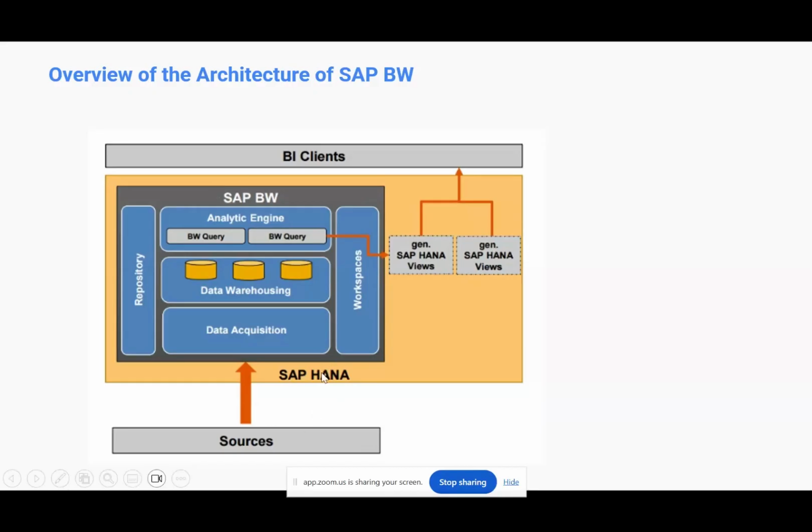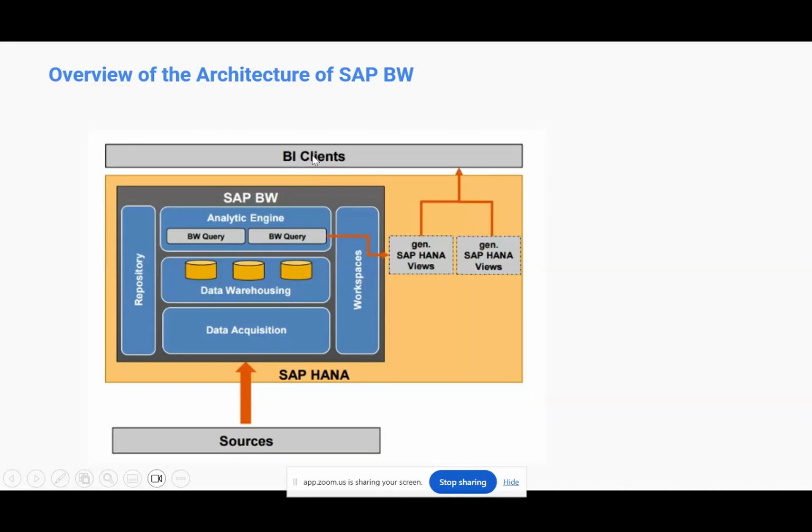The yellow box is our SAP HANA database. As I said, SAP BW sits on top of the SAP HANA database, and this gray box is your SAP BW system where you store the data. On top of it, you have the BI clients.